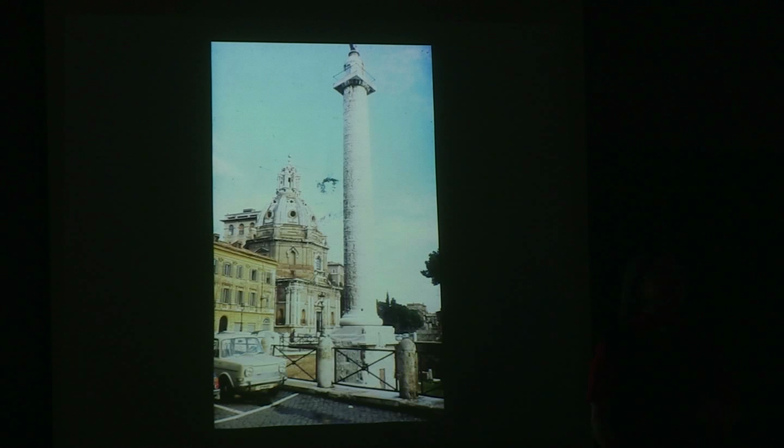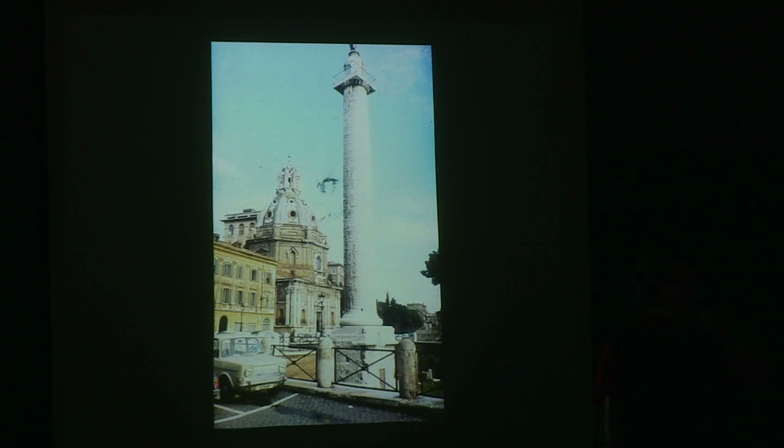In the forum and markets of Trajan, you had the column as another ingredient, which we have already seen, that showed all these different components taking place within the large project of the forum of Trajan. Nothing like the column had been seen either, but this has nothing to do with concrete architecture. But the conception is novel.